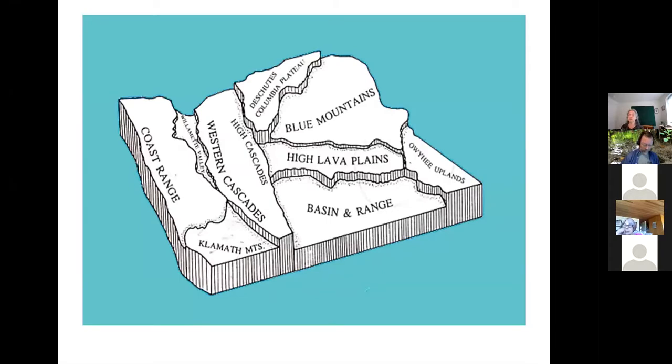This is a drawing out of Bill Orr's book, and it has also been used on the DOGAMI website to show the different regions of Oregon. Every state has its own geomorphic provinces, and Oregon has quite a few of them, as you can see. So I'm going to highlight each one of them.